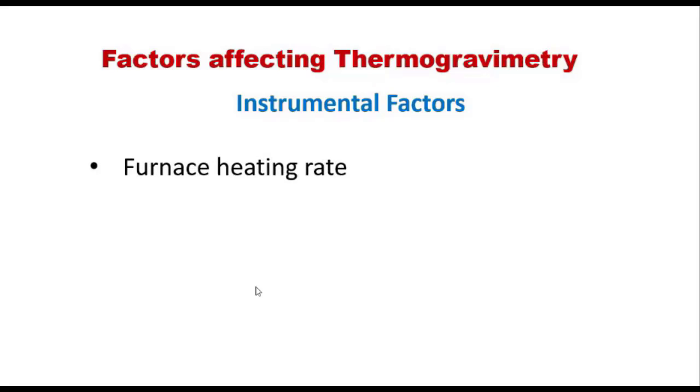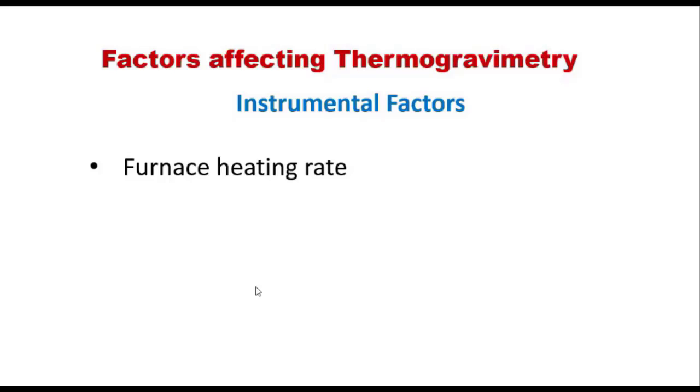So first one is furnace heating rate. The effect of furnace heating rate is to decrease the decomposition temperature with decrease in heating rate. For example, it is given that if the heating rate is 5 degree per minute, the temperature for 10% decomposition of polystyrene in nitrogen atmosphere is 394 degree centigrade.